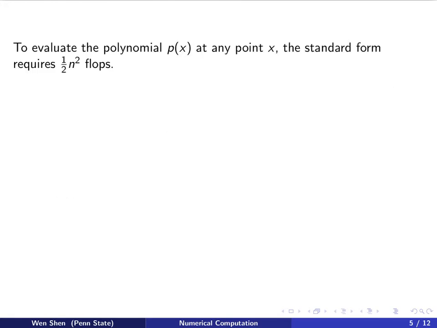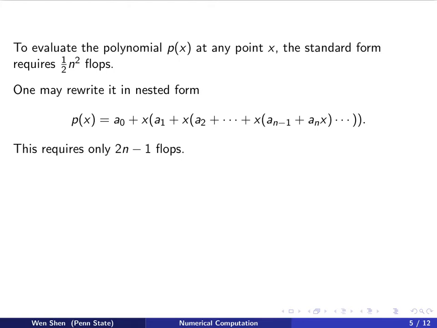Now let's look at a procedure to compute the evaluation of a polynomial at a given point x. If we start with the standard form of p of x and compute each term, then this computation requires 1/2 times n squared flops of computation time. It would be more convenient to rewrite it in a nested form as follows.